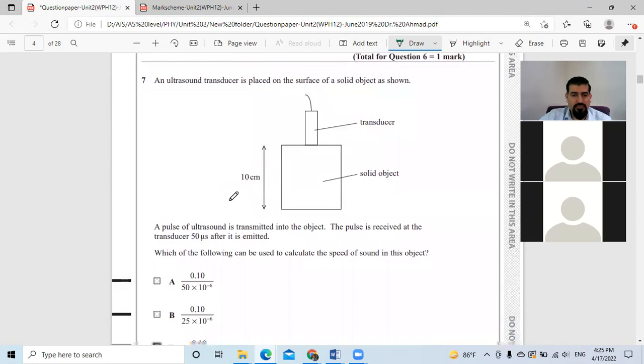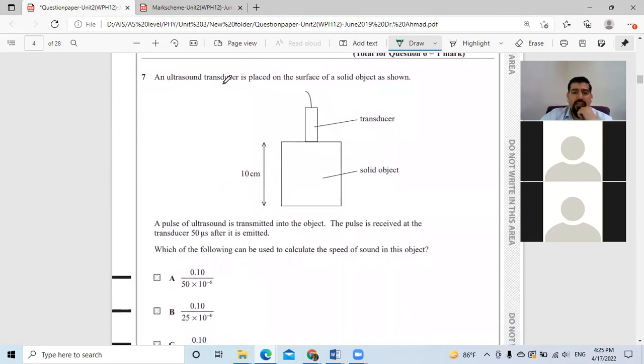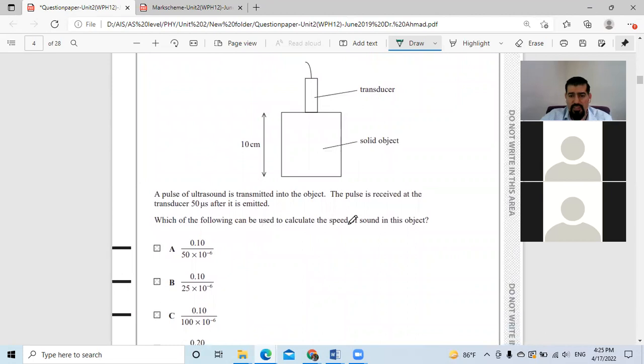Question number 7. An ultrasound transducer is placed on the surface of a solid object, as shown. A pulse of ultrasound is transmitted into the object. The pulse is received by the transducer 50 microseconds after it is emitted. Micro means times 10 to the power of -6. Which of the following can be used to calculate the speed?